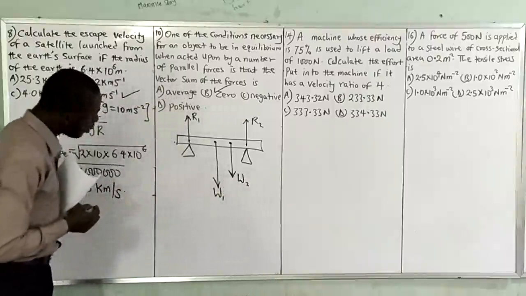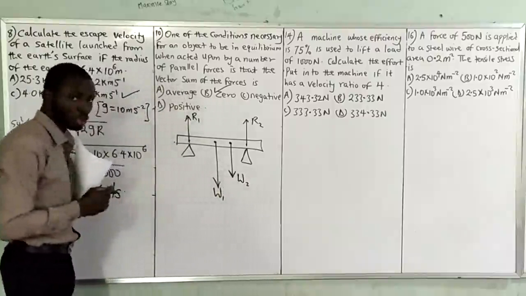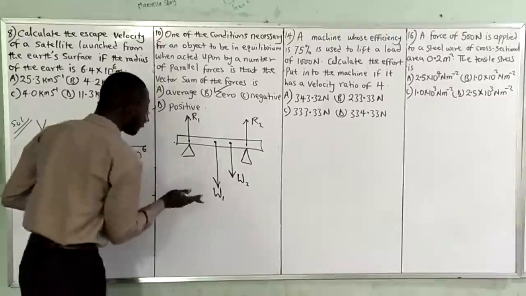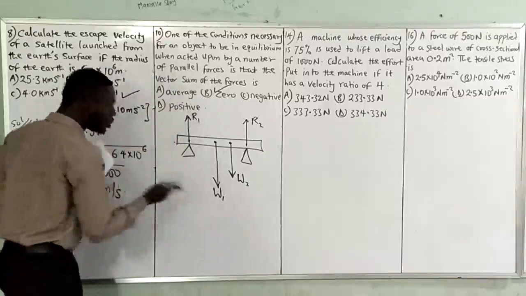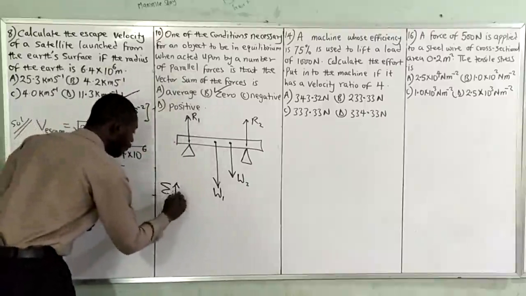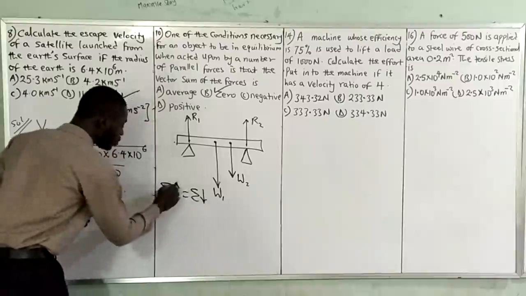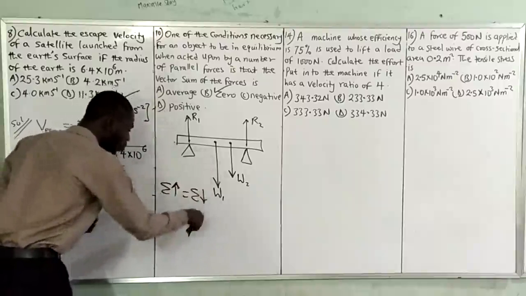At this point, we can apply one of the principles in solving equilibrium: the sum of upward forces is equal to the sum of downward forces. You can see the arrow stipulating upward, while this shows downward force.